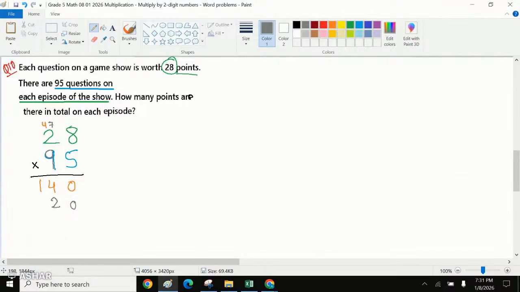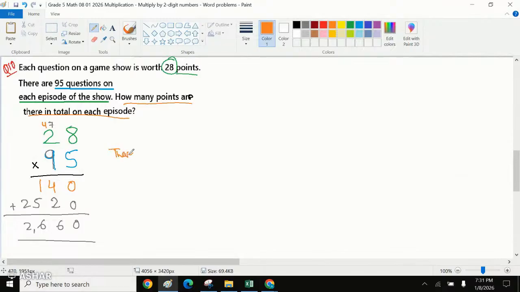We carry the 7. 9 times 2 is 18 plus 7 should be 25. So when we add them together, 0, 6, 6, and 2, it comes out to be 2,660, right?